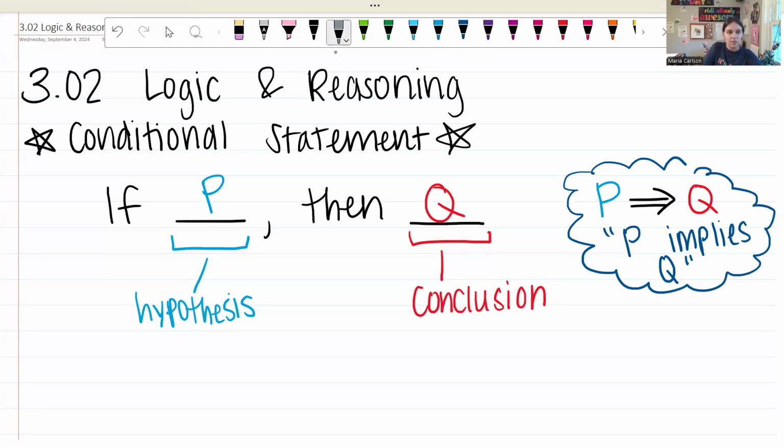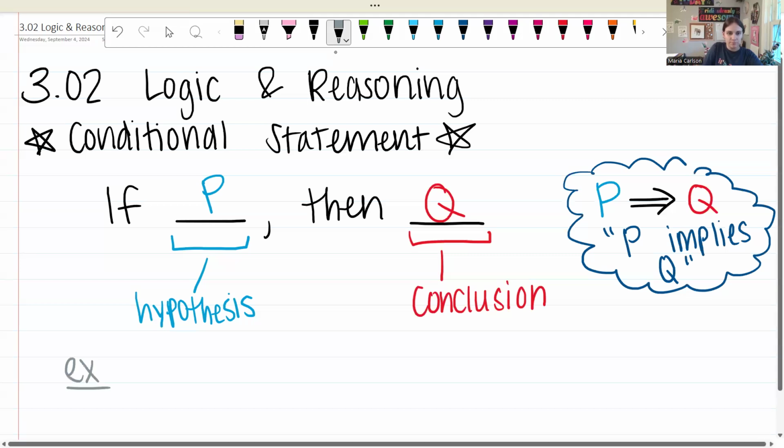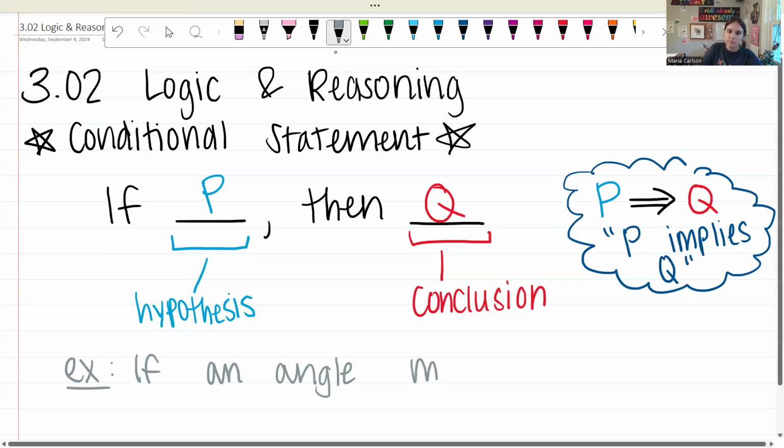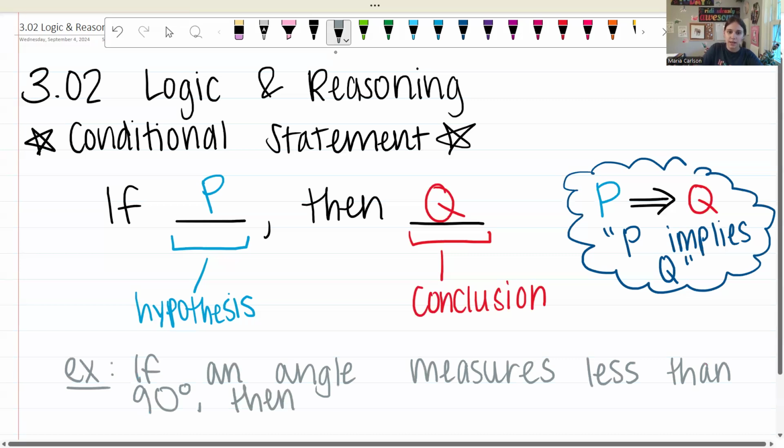So an example of a conditional statement: if an angle measures less than 90 degrees, then it's an acute angle.